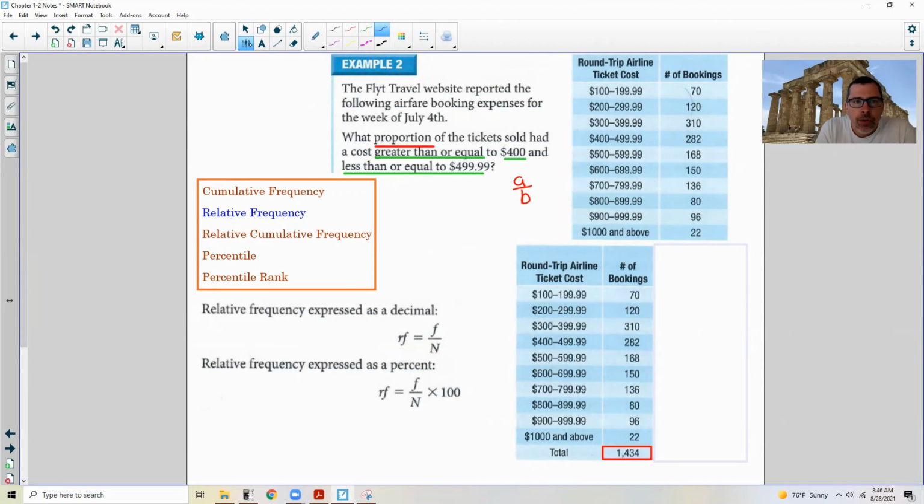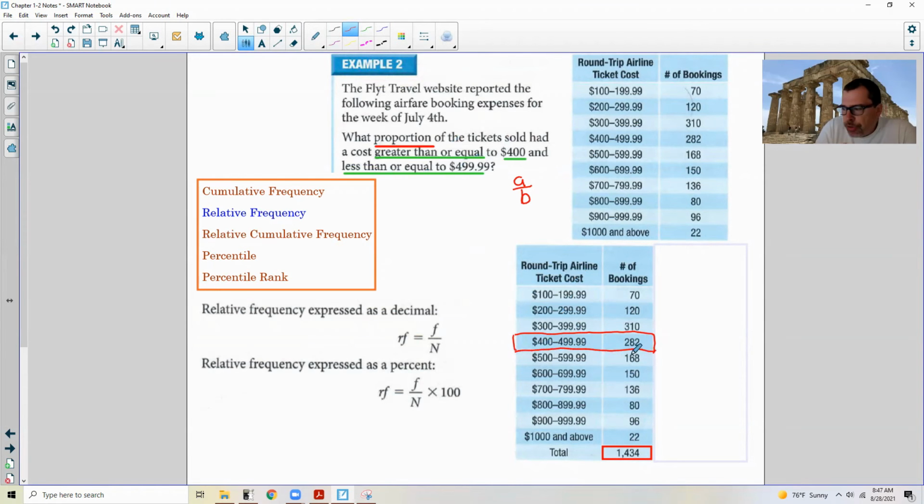Okay. So the next thing we're going to do is answer the question. What proportion of tickets sold had a cost greater than or equal to 400? Let me just draw a circle around that. So greater than or equal to 400 and less than or equal to 499. So that is this amount here.